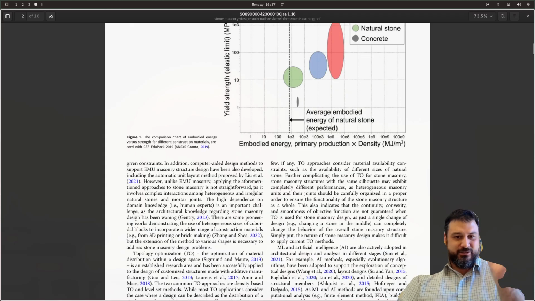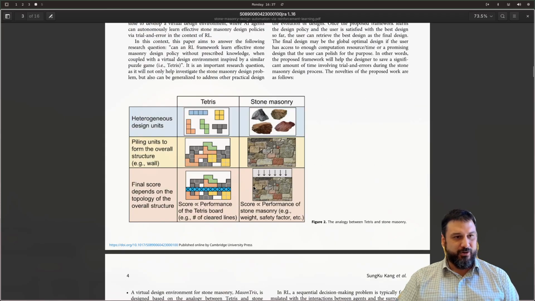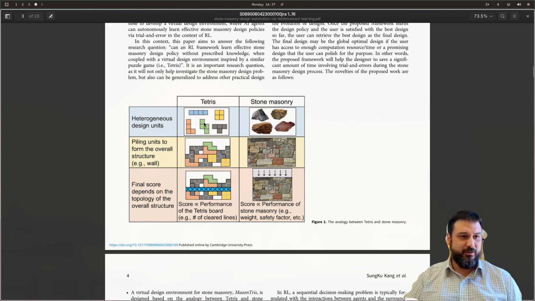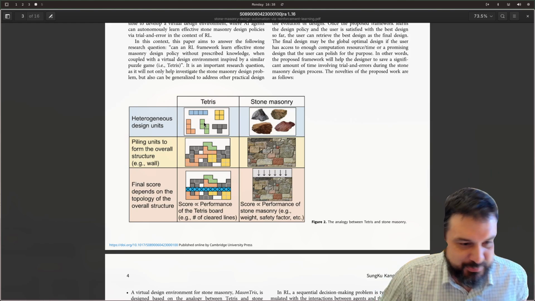So let's quickly take a look at what's going on here. Basically, they're modeling pieces of stone masonry as you would in Tetris, what I call polyominoes. So if a domino is two blocks, a polyomino is several blocks. In particular, a tetromino is these Tetris type shapes.